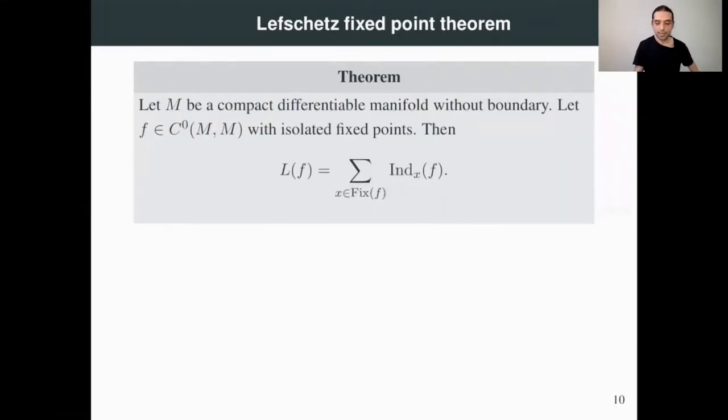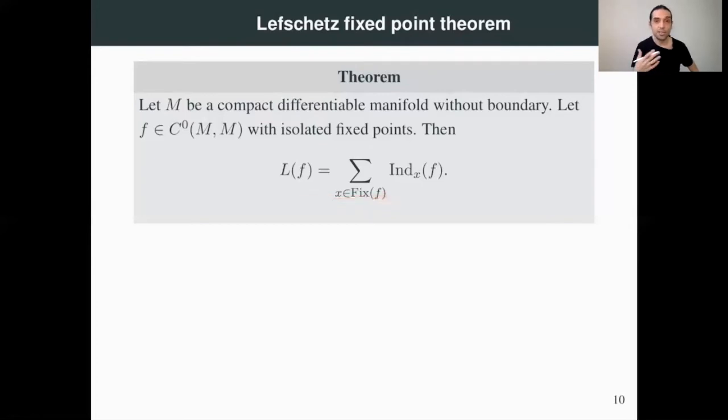And now let us introduce the Lefschetz fixed point theorem. Let M be a compact differentiable manifold without boundary, and let F be a continuous map from M to itself with isolated fixed points. Then the Lefschetz number of F is equal to the sum of the fixed point indexes. This is clearly true if F is of Lefschetz type, because it's essentially the definition.